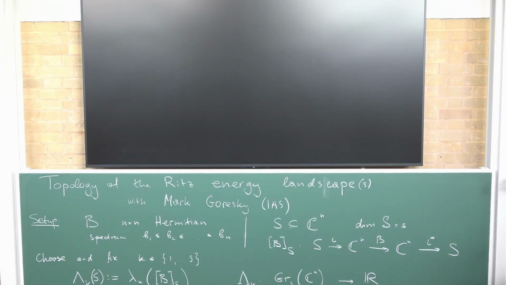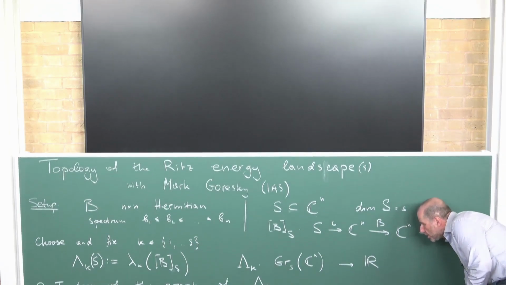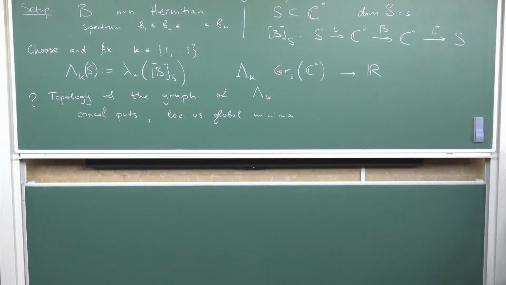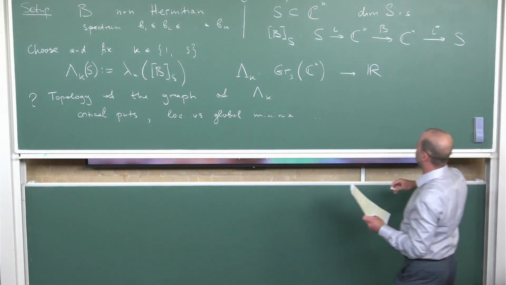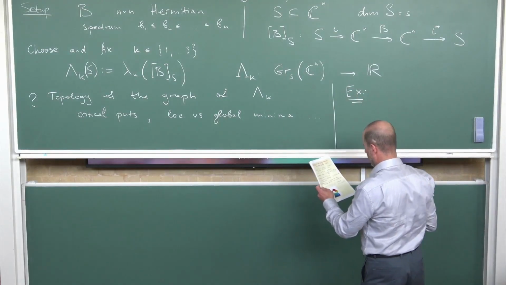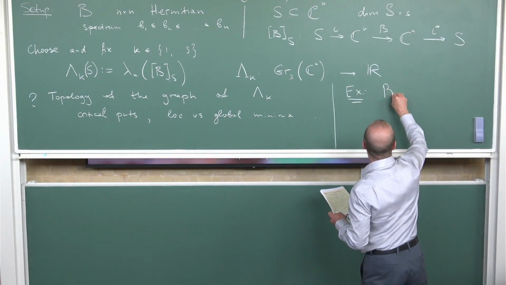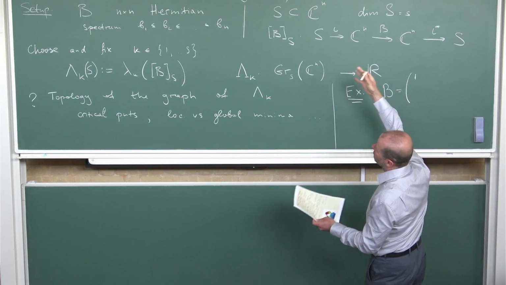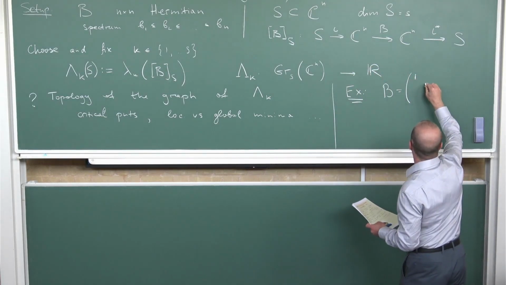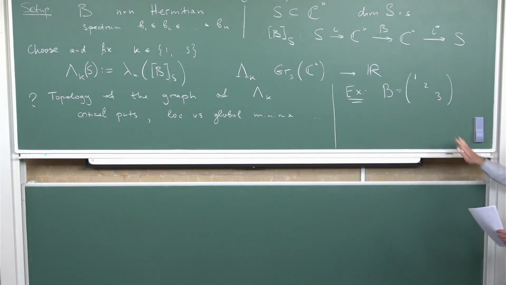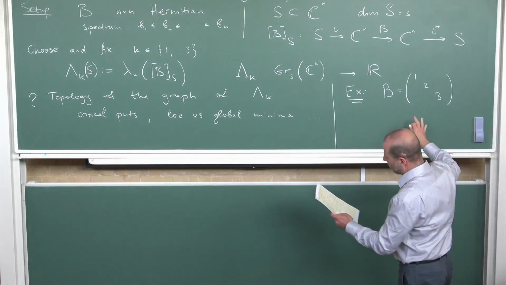While it's warming up, let me point out the setting of the example. My matrix B will be diagonal. Here we can just change the basis, so it doesn't pay to have a different matrix. A diagonal matrix with distinct eigenvalues.